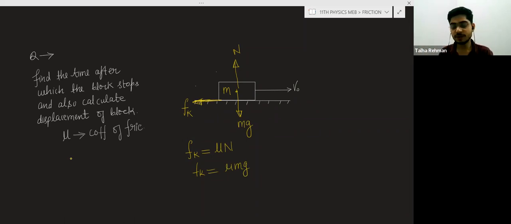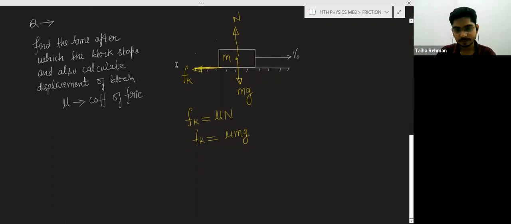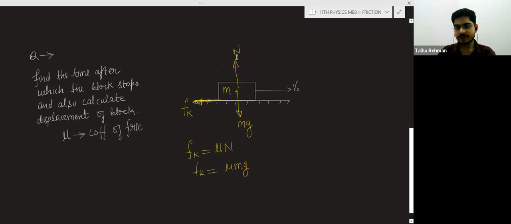Now we will apply Newton's second law. This block is not moving in the vertical direction, so there will be no Newton's second law in the vertical direction because N is equal to mg. This block is moving in the horizontal direction, so in this direction we will apply Newton's second law.